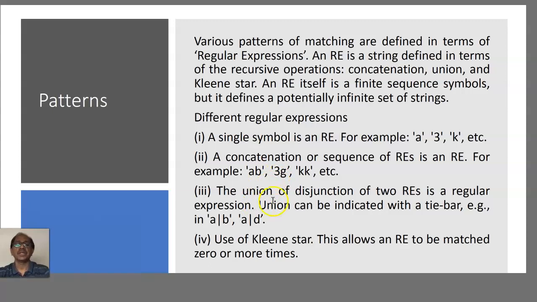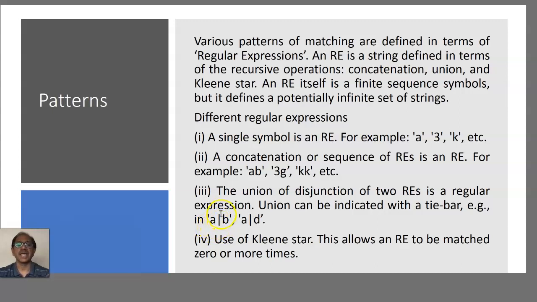Then the other operation which you have seen is union. Union, or disjunction, of 2 regular expressions is also a regular expression. Union is indicated by the bar, or what we call pipe.